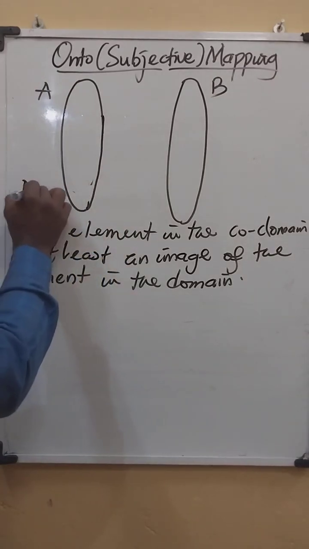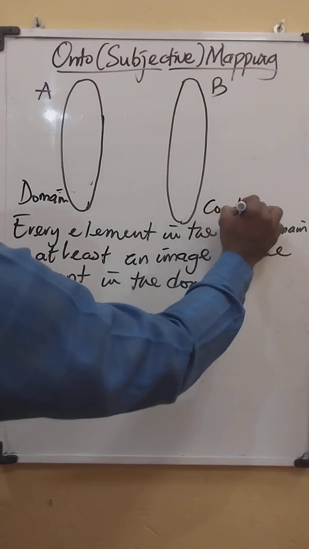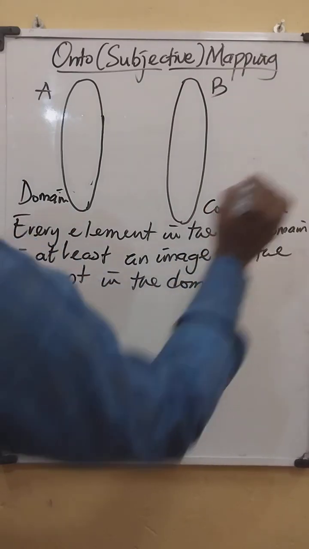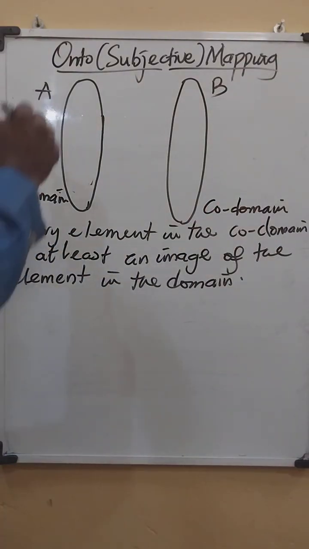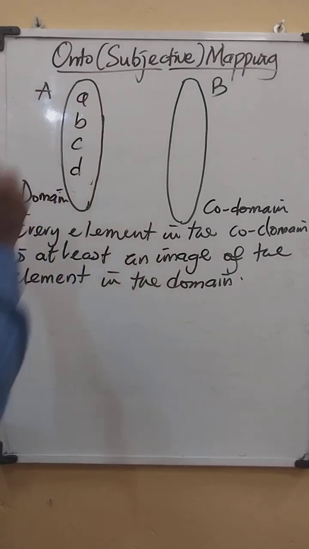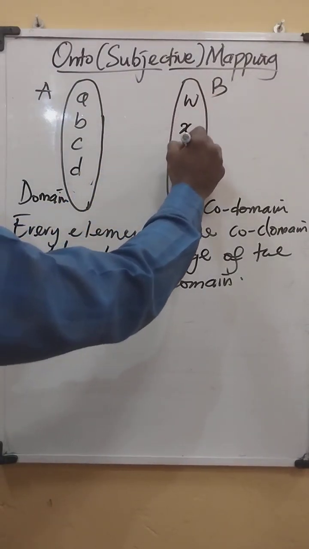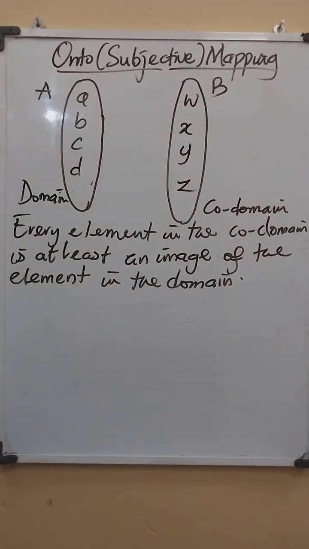This is the domain, and we have the codomain. We have these elements, for example, A, B, C, D, and the other one, W, X, Y, and Z, as the elements in the domain and the codomain, respectively.